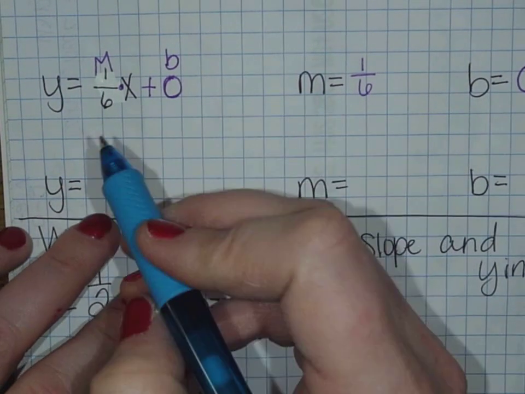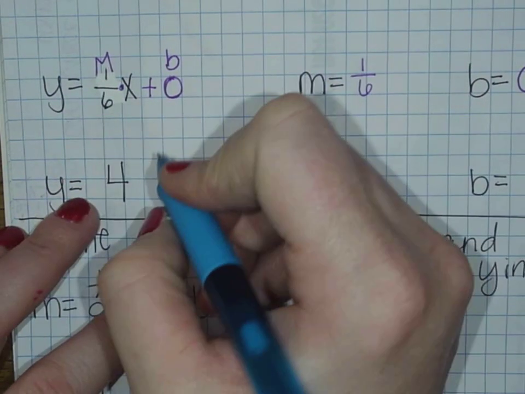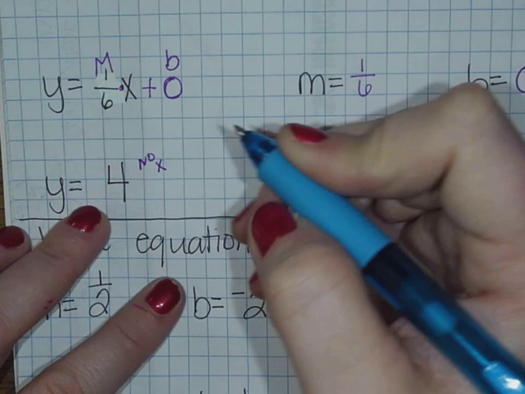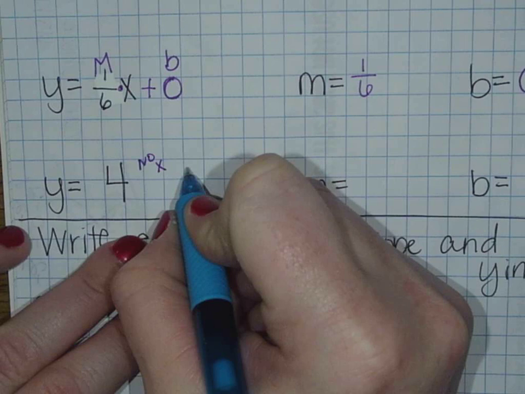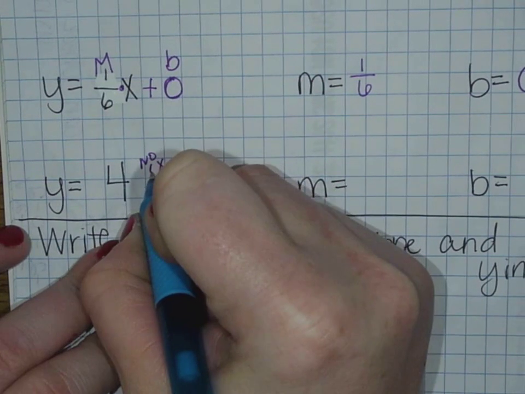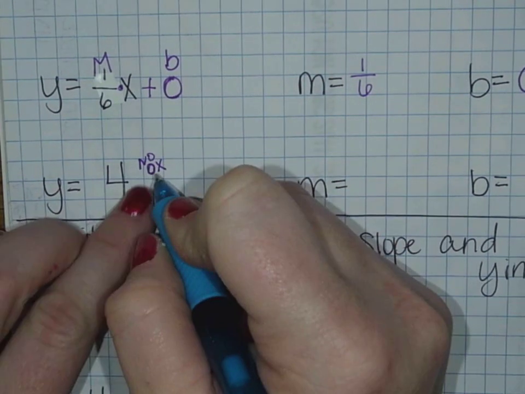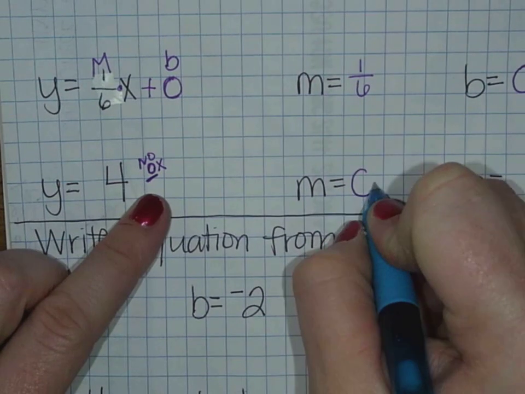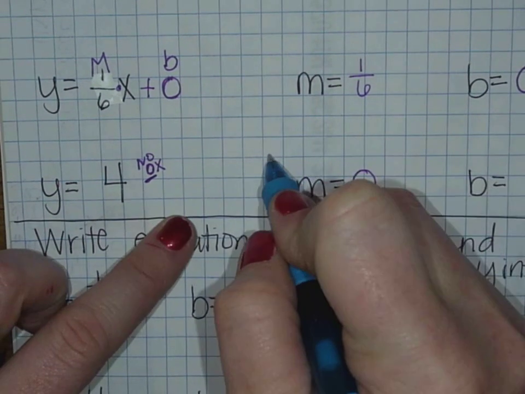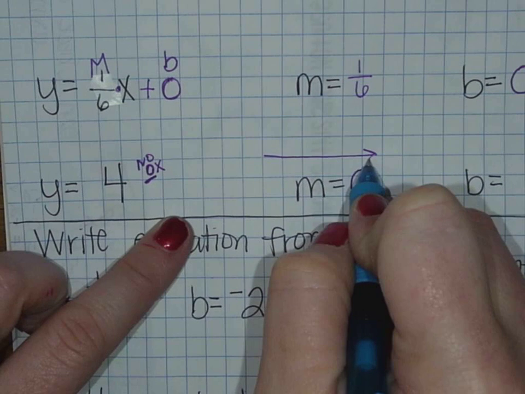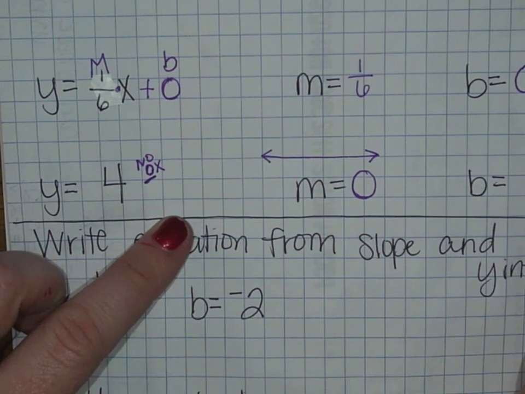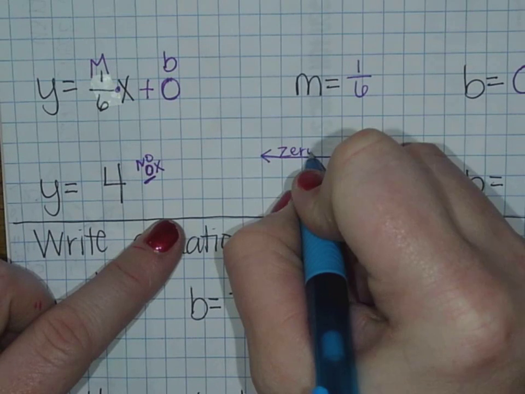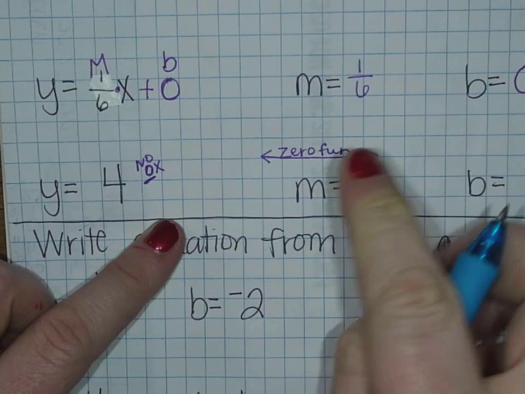Okay, now if you look at this one, there is nothing times x. No x. So meaning it would be 0 x's. So 0x would tell us that our slope would be 0, meaning that it would be a straight across line.